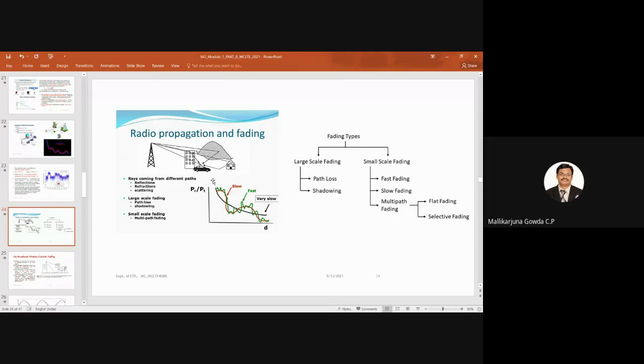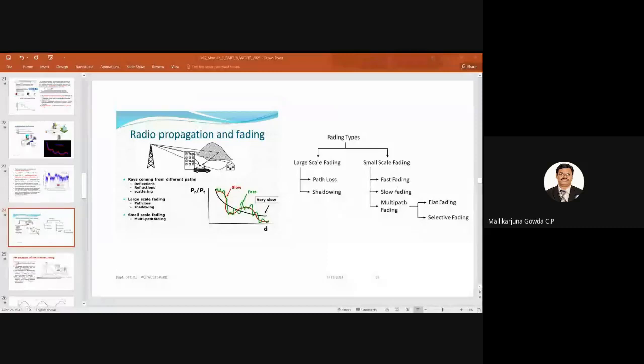Path loss and shadowing are both due to distance: path loss is due to distance, and shadowing is due to objects between transmitter and receiver. And what type of objects? Macroscopic objects, that is big buildings, trees and so on, even if the distance between transmitter and receiver is in the order of tens or hundreds of meters.